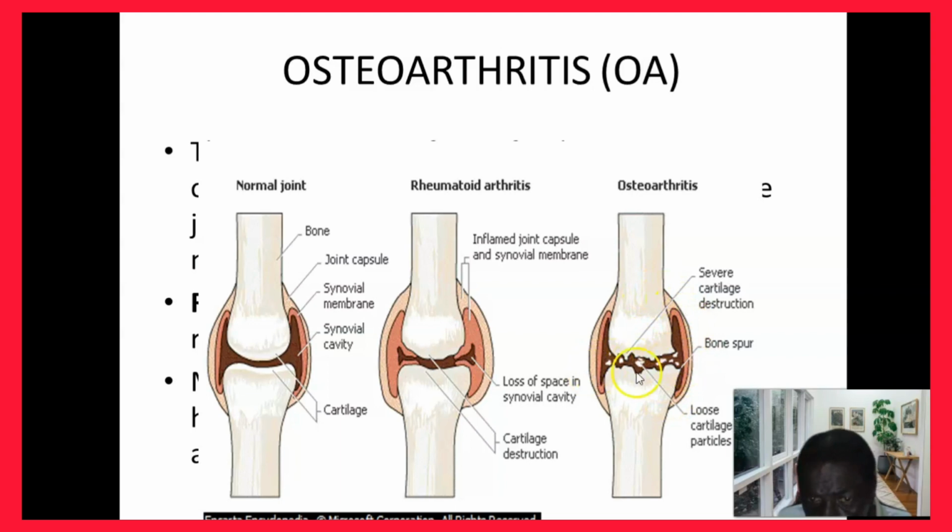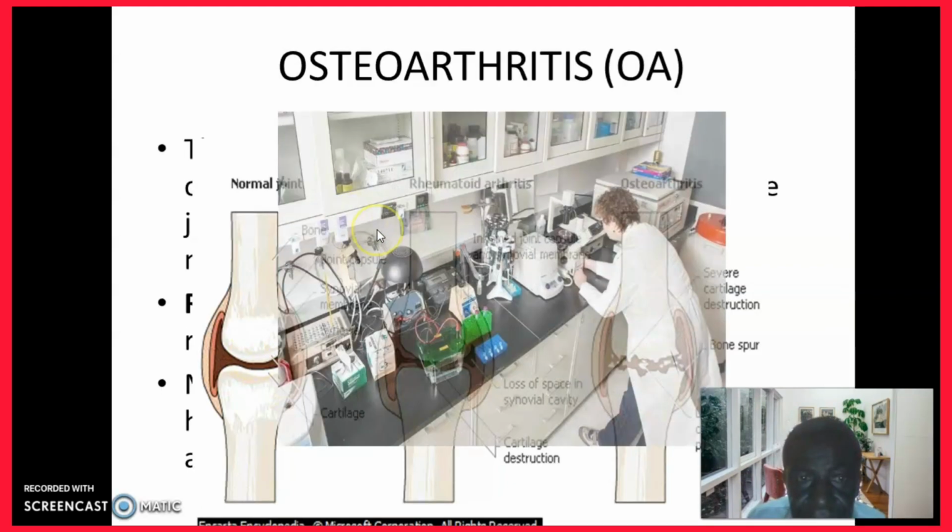Because when this happens, it is an automatic invitation for the immune response to come in with the lymphocytes or the white blood cells, those cells that will attack and provide immunity to make sure that the problem is a thing of the past. So osteoarthritis is what you have seen.